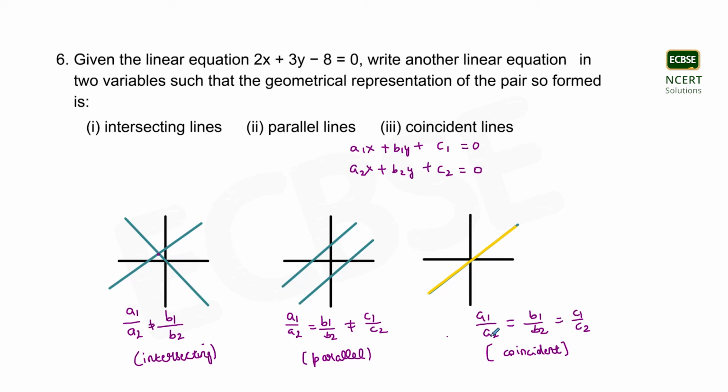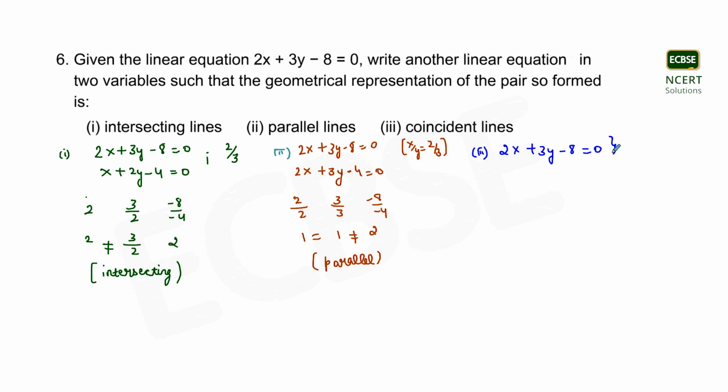Or we can say in the other way that a1, b1 and c1 are multiples of a2, b2 and c2 respectively, that is, when some number is multiplied by a1, b1 and c1 respectively, then they form the numbers a2, b2 and c2.